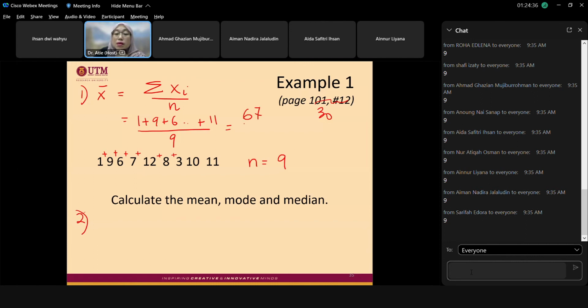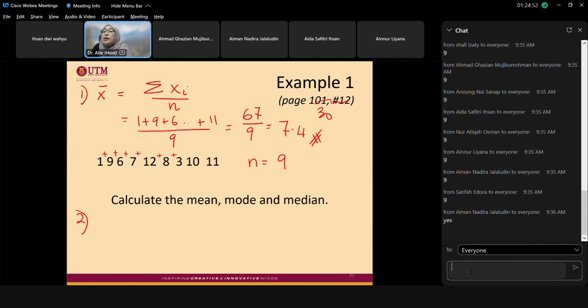Okay, and then divide by 9. So what do you get? 7.4. Is everybody okay with that answer? Okay or not? Right. Okay, so that's our answer, the mean is 7.4.